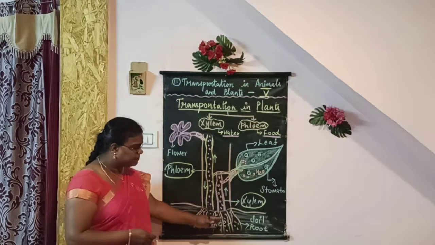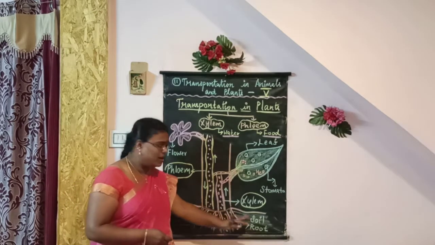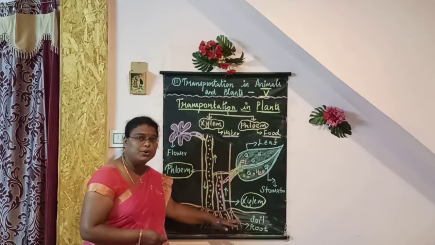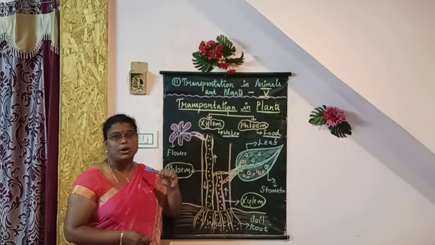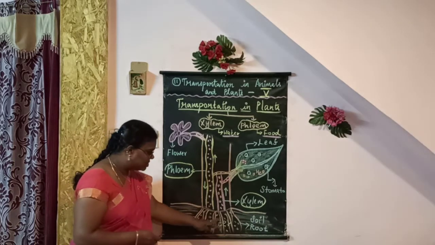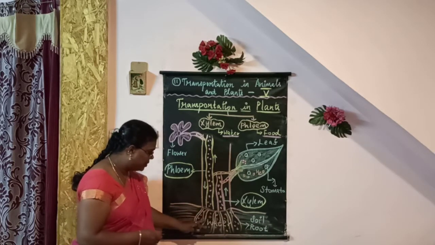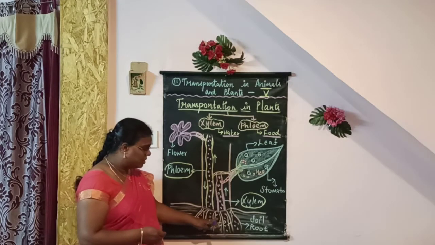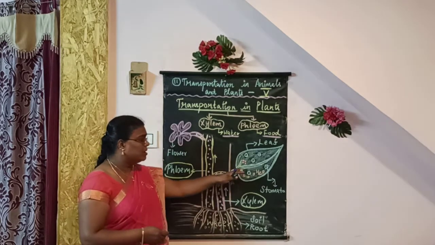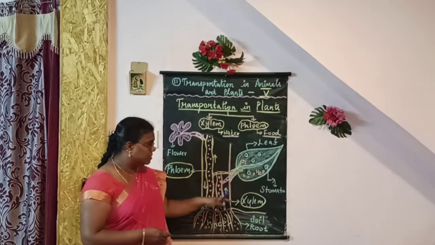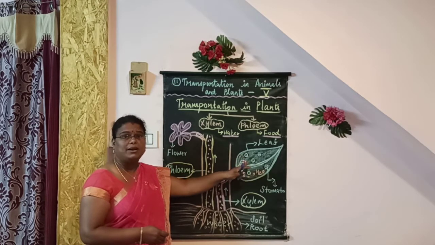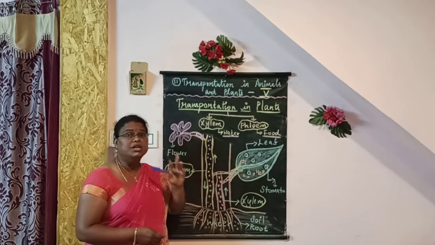So water it takes from the soil by the roots. So the roots play an important role in absorbing the water. So see here, the roots absorb the water molecules from the soil. So this water has to be transported to the leaf. So the leaf is the only part which needs water.